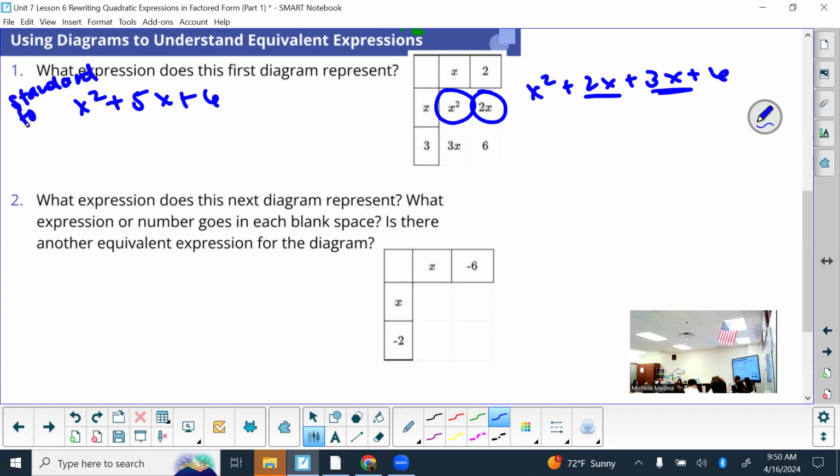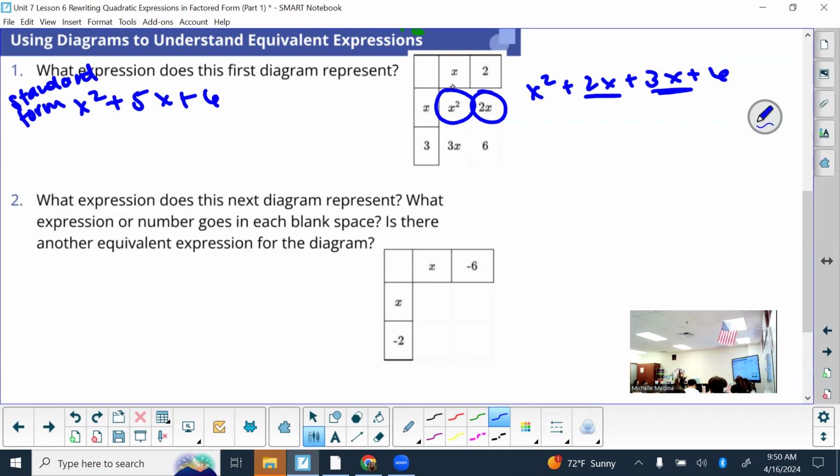There is another expression. Anyone know, like, when we were putting the box method together, what would have been the given expression? You know what I'm talking about?